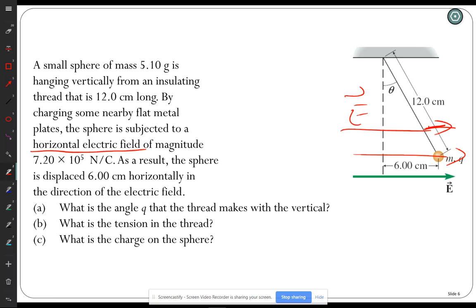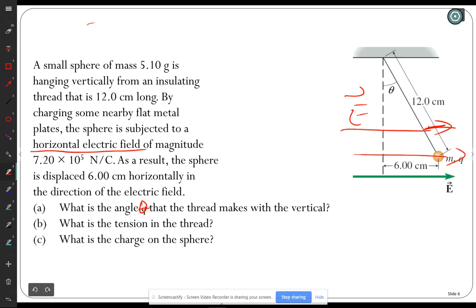What's the angle? I swear I changed this to a theta. That the thread makes with the vertical. So now we have a problem. How do we find the angle? Trigonometry, right? We know the hypotenuse, we know the opposite side. So what trigonometric function relates opposite and hypotenuse?